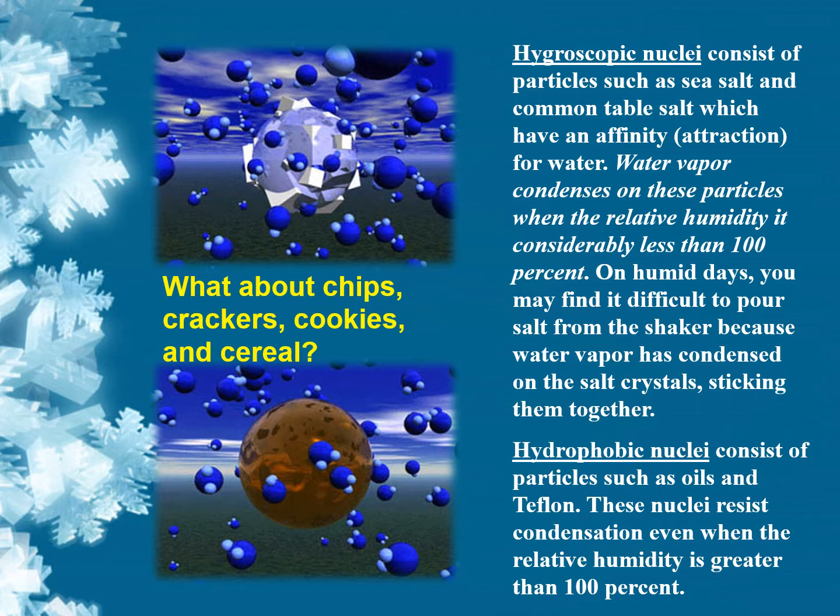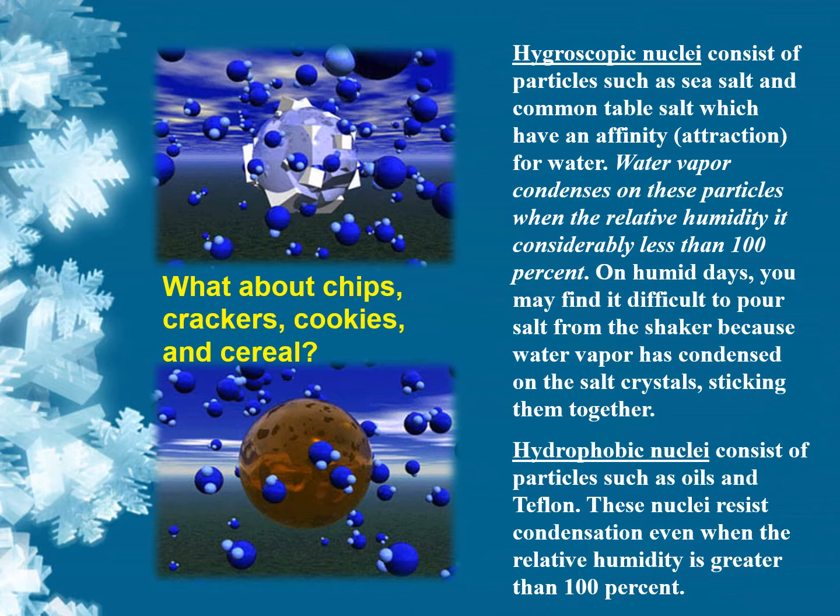So this explains crackers going stale in your kitchen, salt crystals all sticking together. Cereal can also go stale. And is it necessarily 100% humidity in your kitchen? Probably not. So hydrophobic nuclei, of course, are different.